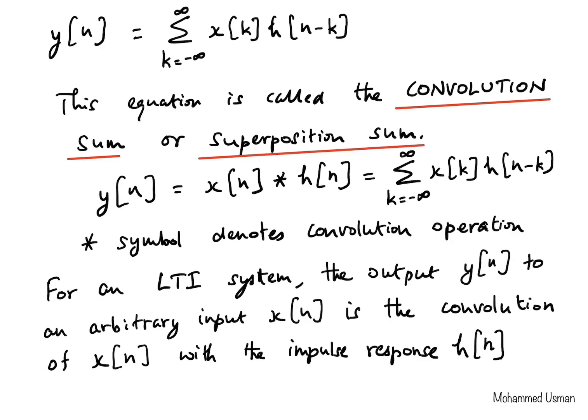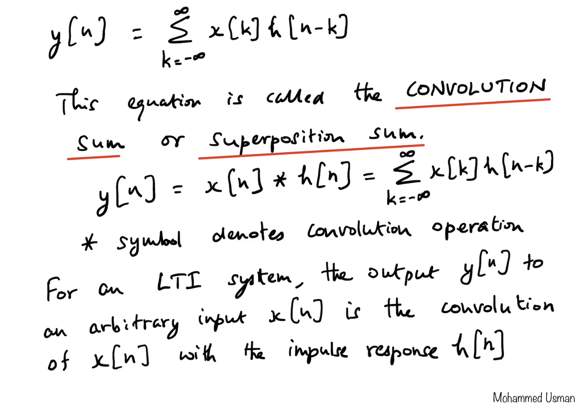And this operation here is called the convolution operation, which is denoted by the star symbol. And basically, if you want to find the output of an LTI system, the only thing you need to know is the impulse response of that system and what the input of the system is, right?